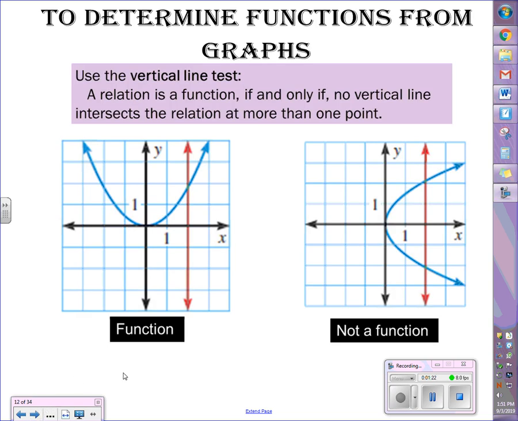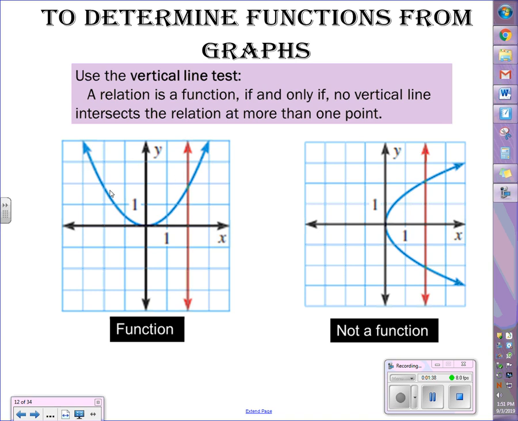If you're given a graph, we're going to use what we call the vertical line test to determine if something is a function. In order to be a function, a vertical line is only allowed to pass at one point on the function.